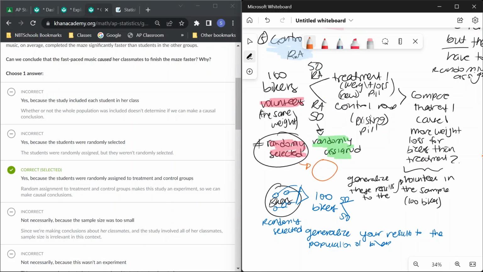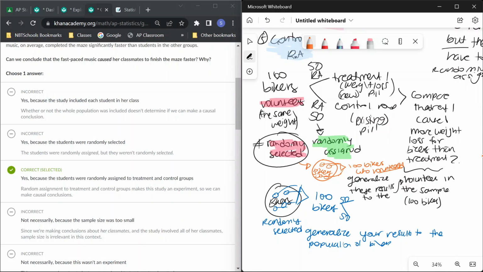This is the population of bikers, and they literally just took whoever wanted to join. It's the same drawing, but the fact is that it's not random. These were just 100 bikers who volunteered. That's the key word: volunteered.